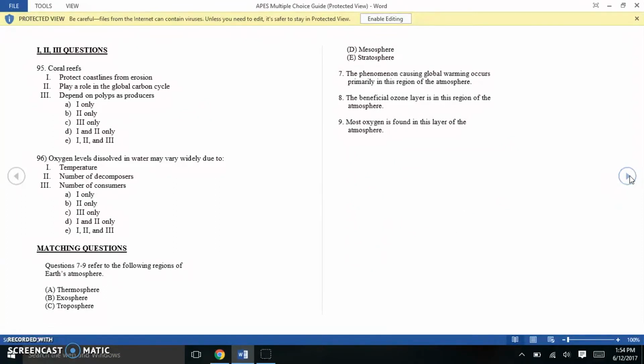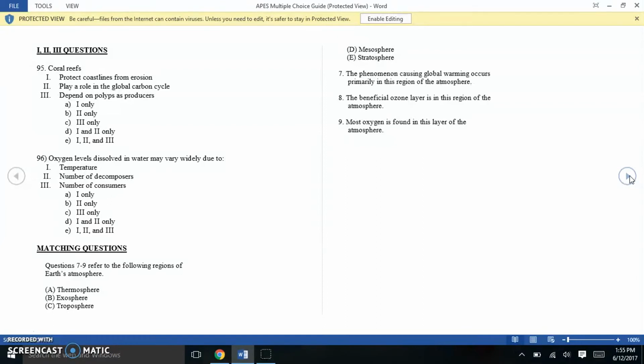On the next slide here, we have a type of question where you're going to have numerals 1, 2, and 3, and maybe one of them is right, maybe all of them are right, and maybe two of the three are right. So you'll have to read through that and look at that. As far as coral reefs, protect coastlines from erosion, that is a correct one. Play a role in the global carbon cycle, and depend on polyps as producers.